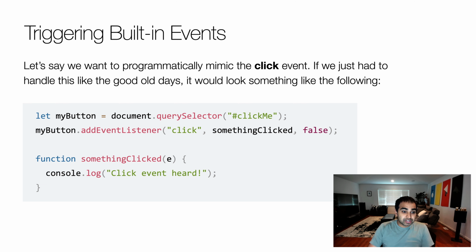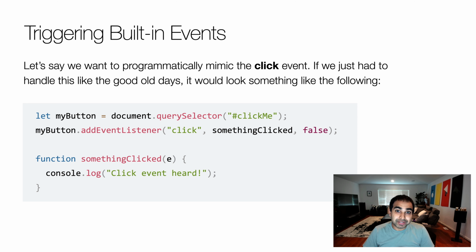You have a reference to a DOM element, in this case my button, and you add an event listener that says click, and then you have the function that's going to be listening for or reacting to the click event being fired. In this case, it's called somethingClicked, and then we have our somethingClicked event handler below, console.log, click event heard. So every time I click on my button, the somethingClicked event handler will get called. It's because of the event listener. Straightforward. This is what we've seen earlier, event handling 101.